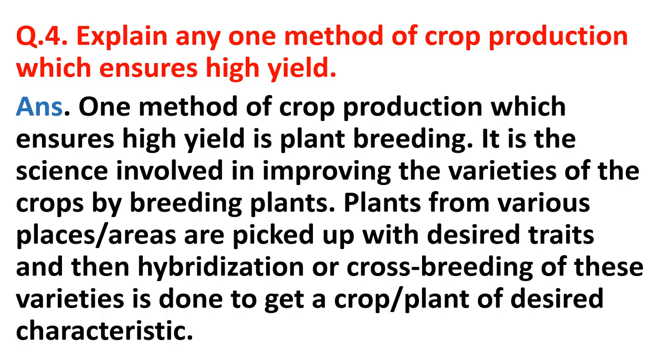Now what happens in this? Plants from various places or areas are picked up with desired traits, meaning characters, and then hybridization or cross breeding of these varieties is done. Why? To get a crop or plant of desired characteristics.